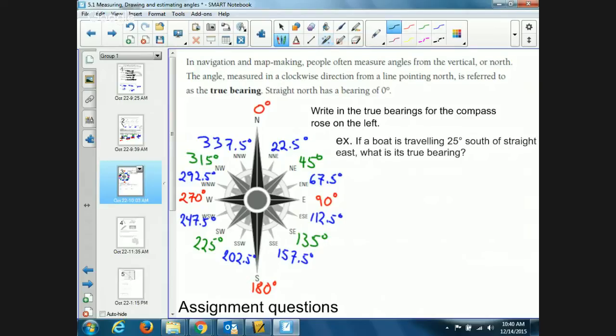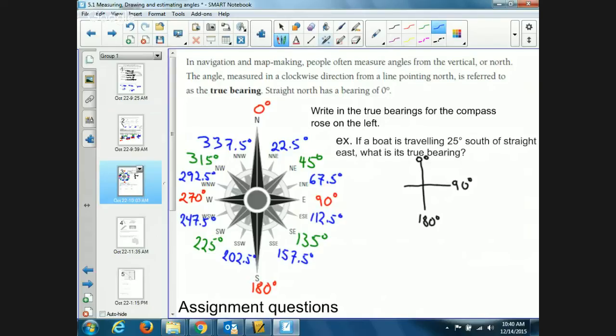So I'm going to draw a simple stick compass. I'm going 0, 90, 180. I don't care about the others because I'm not on that side. So I'm going 25 degrees south of straight east, east being 90 degrees.